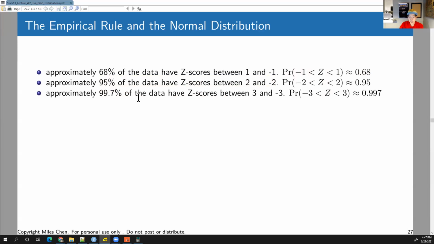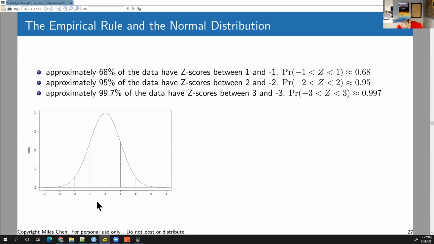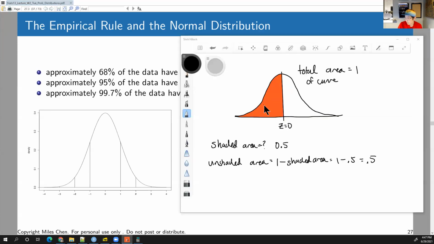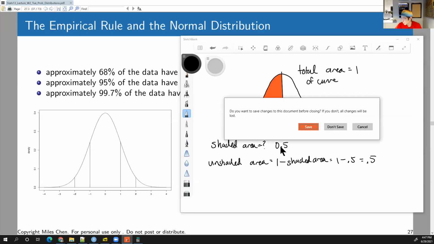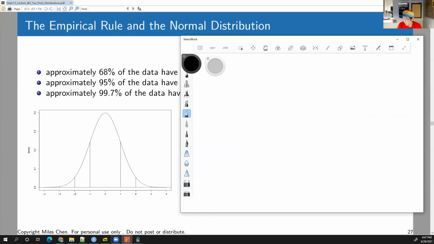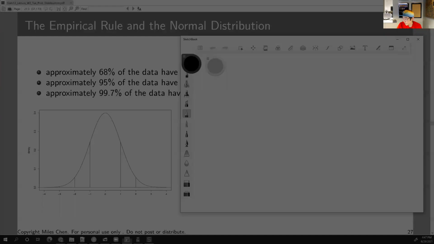And almost all, 99.7%, are between 3 and -3. So we're going to write around 0.997. Okay, and so my picture looks something like this. I'm not going to be able to replicate this, or maybe I can.